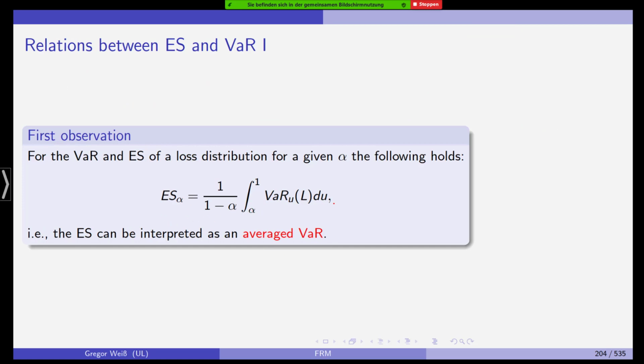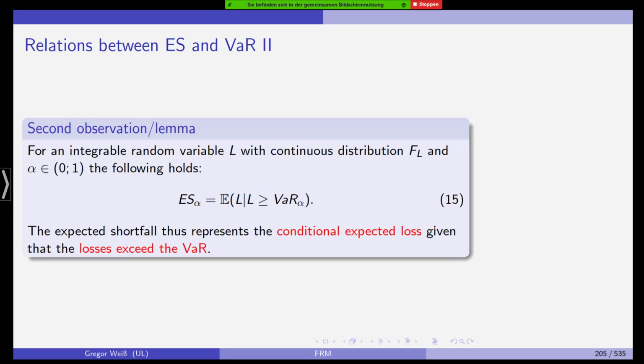This is a different version of the definition. But actually, if the loss distribution is integrable, and if it has a continuous distribution F_L, then expected shortfall is simply given by the expected value of the loss distribution under the condition that the losses are larger than the value at risk. So it's the conditional expected loss given that the losses exceed VaR.